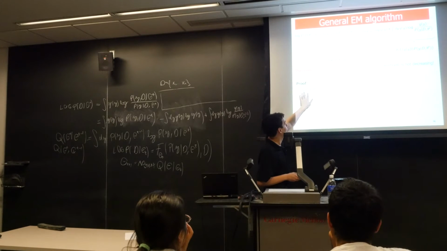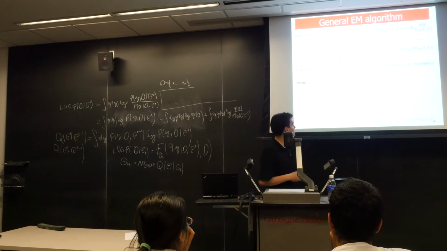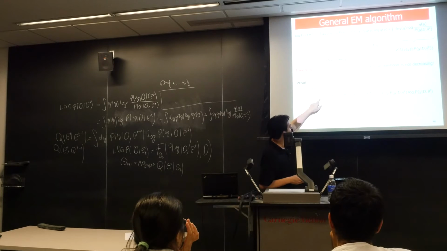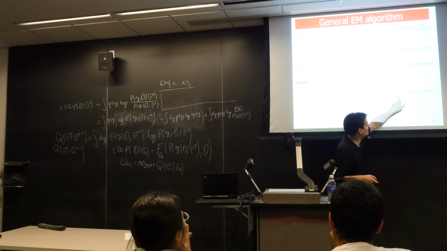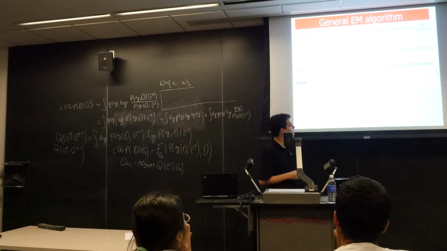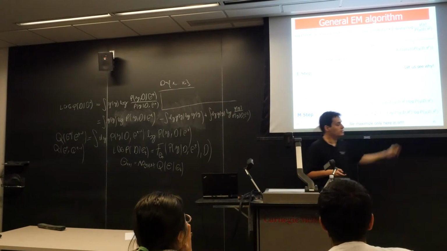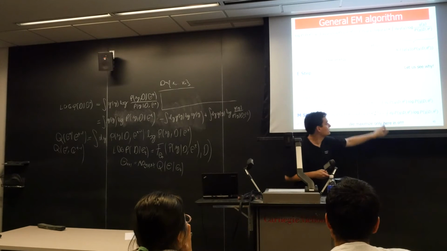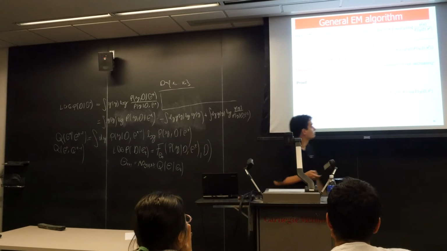We already discussed that the log likelihood is just the free energy when you choose the Q distribution to be this posterior distribution, and that this log likelihood is smaller than or equal to this expression. That was the last line in the previous slide. This log likelihood is not bigger than this expression.